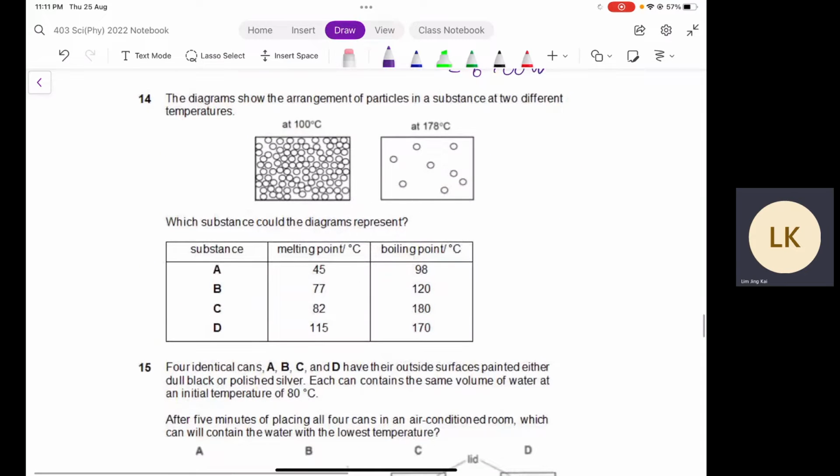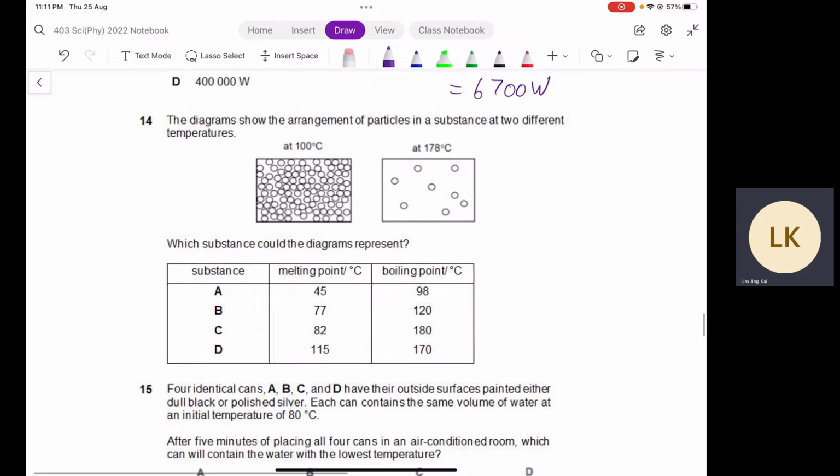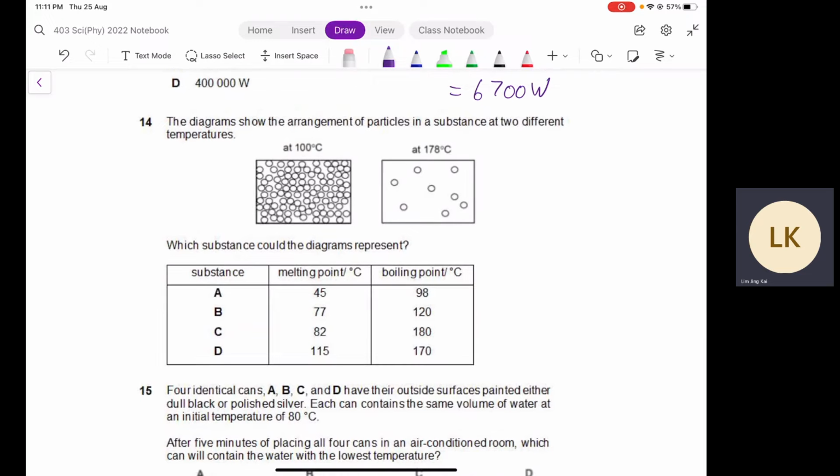Number 14. The diagram shows the arrangement of particles in a substance at two different temperatures. Which would represent the diagrams shown? So if you look at the 178 degrees Celsius, this is definitely showing a gaseous state. At 100 degrees Celsius, this is showing a liquid state. But what's the difference between a liquid and solid?